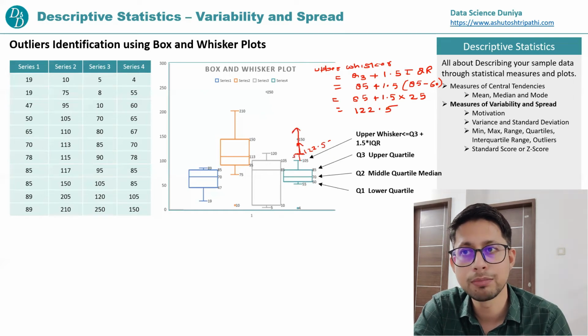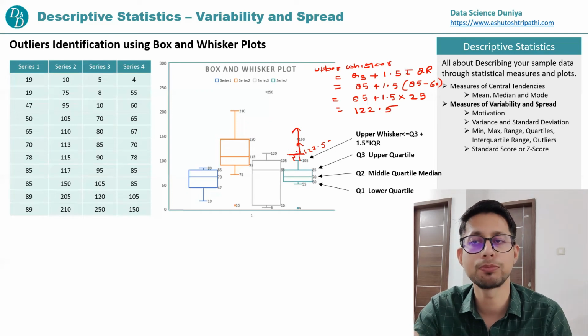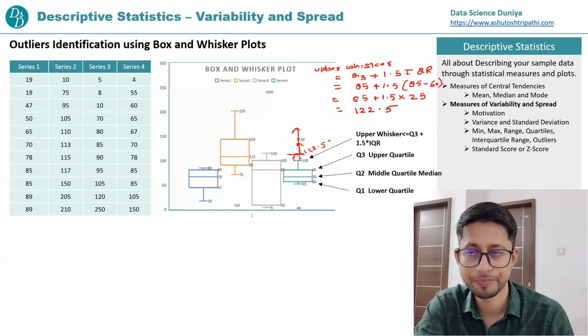We still have this buffer available, so from 105 till 122.5, if any point is there, your whisker value will increase, and the max range is 122.5. Your upper whisker can go up to 122.5, and any point beyond 122.5 will be your outlier. So that's where the box plot helps you detect the outlier. Okay, this is the upper side scenario.